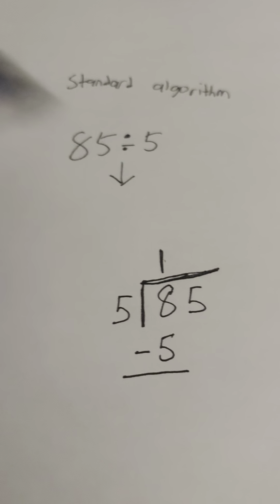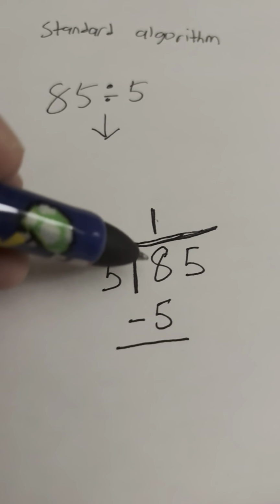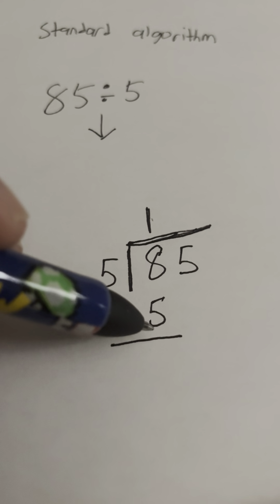So, kind of similar to how we got our one group of 10 blocks, we have our first number. So, what you're going to do next is subtract. 8 minus 5 equals 3.